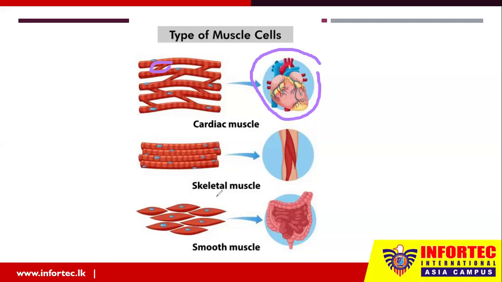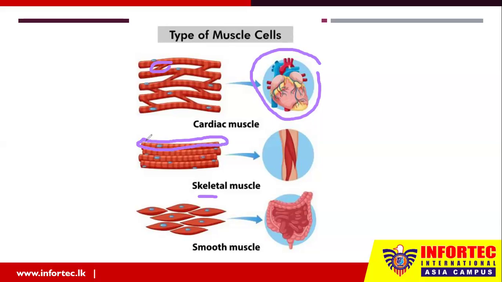Then you can see the skeletal muscles. In these skeletal muscles, as I already mentioned, these are the only muscles over which we have our own control. It means voluntary; we can control them consciously. In a skeletal muscle there are multinucleated cells, and you can see long cylindrical muscle fibers here.